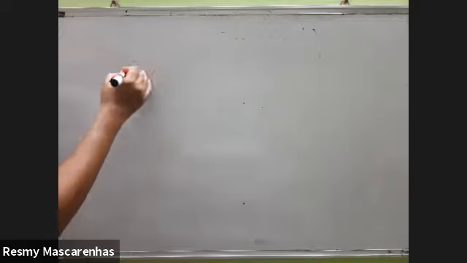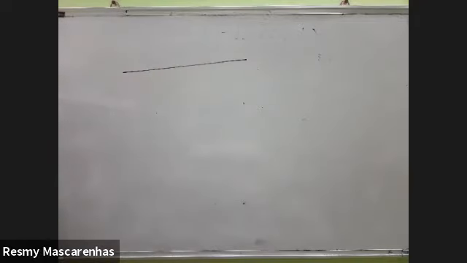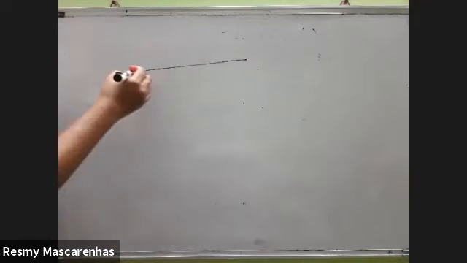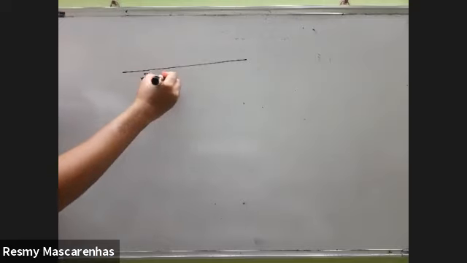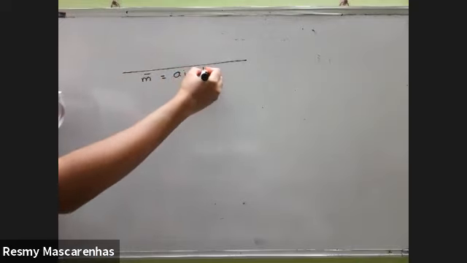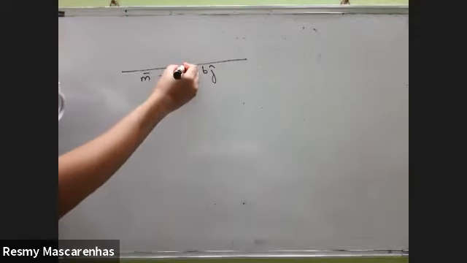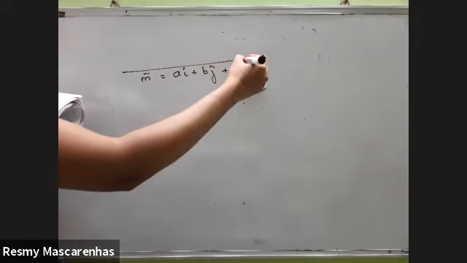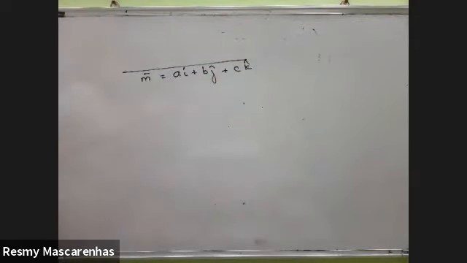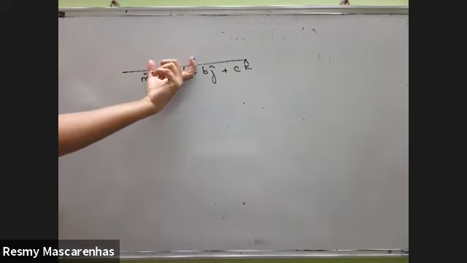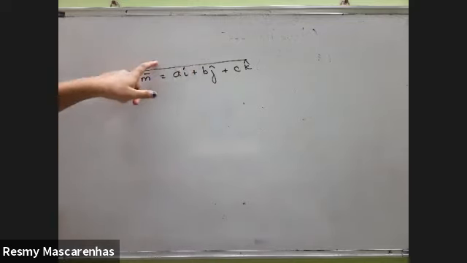If you have any line, and its vector is given as suppose m bar, suppose a line is indicated by a vector, this is a line which is given to you, and this is the vector equation of that line.